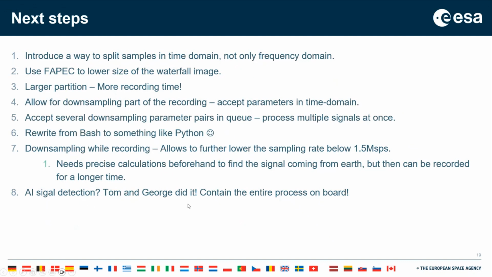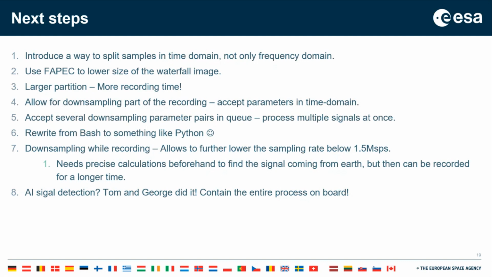And then the last thing I'm thinking, this is actually what Tom did originally with his experiment, and I think it's obvious from how the experiment works so far. It begs to introduce some sort of AI signal detection, so we don't even need to download the waterfall in the first place, and sort of apply operational knowledge on ground.